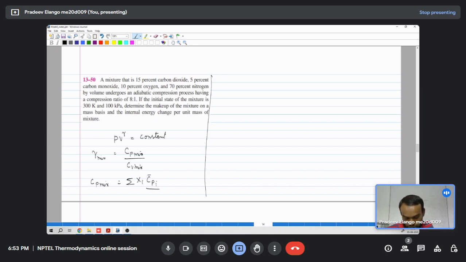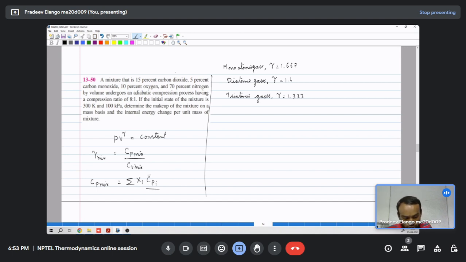we know that for monatomic gases, gamma is 1.667, for diatomic gases, gamma is 1.4, and for triatomic gases, gamma is 1.33.